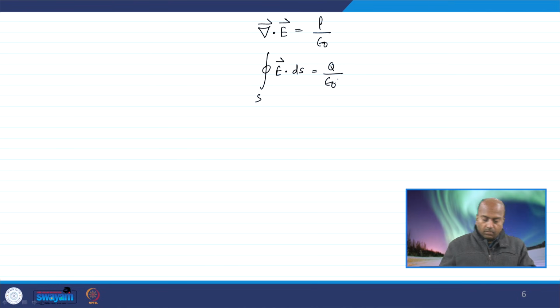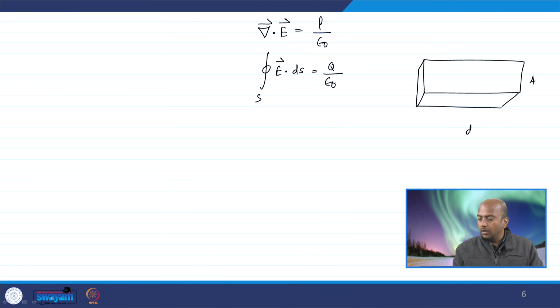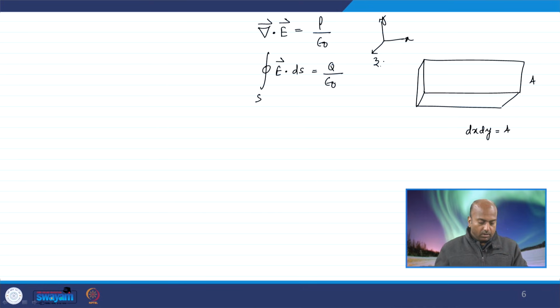Okay, now let us go back to the slab. If we have to break this equation, let us say A is the area, or dx dy is A. The coordinate system will look something like this: x, y, and z. The normal is drawn in this direction. This is delta z, this is delta x, this is delta y.